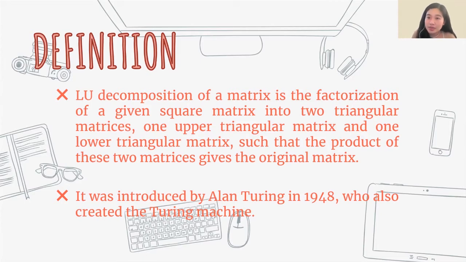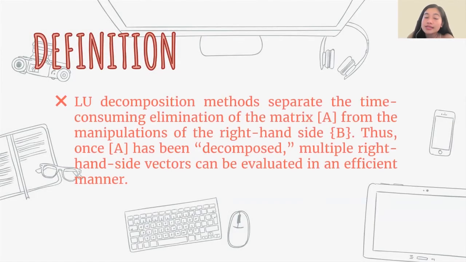Moving forward, the LU decomposition method separates the time-consuming elimination of a matrix A from the manipulations of the right-hand side B. Thus, once A has been decomposed, multiple right-hand side vectors can be evaluated in an efficient manner.